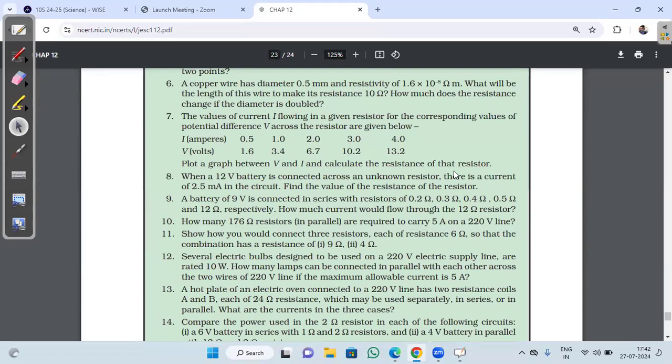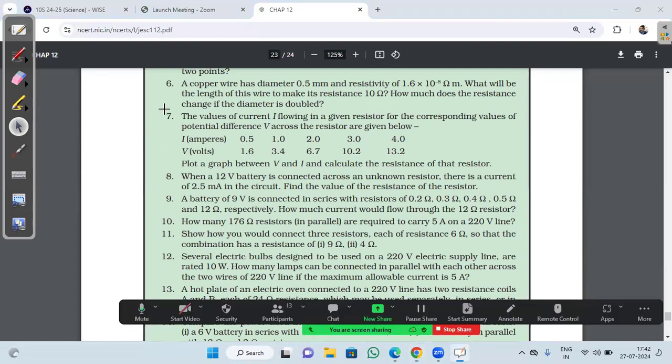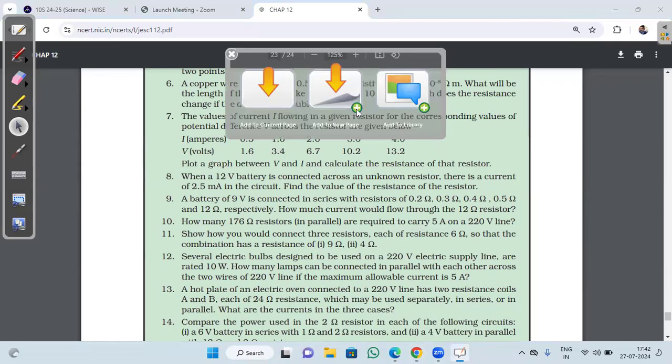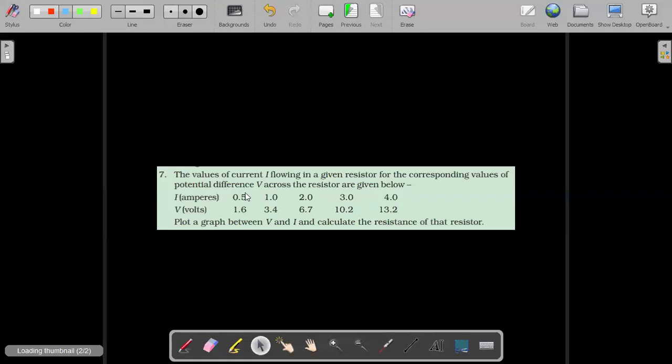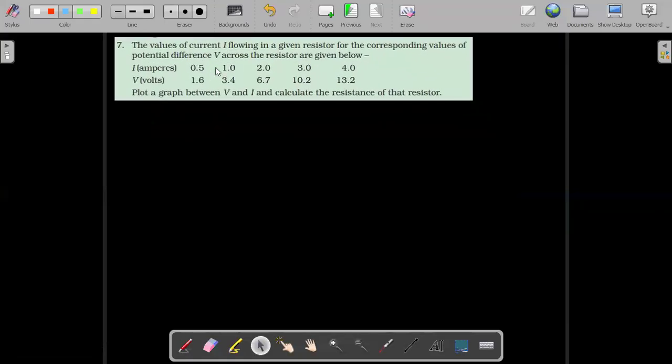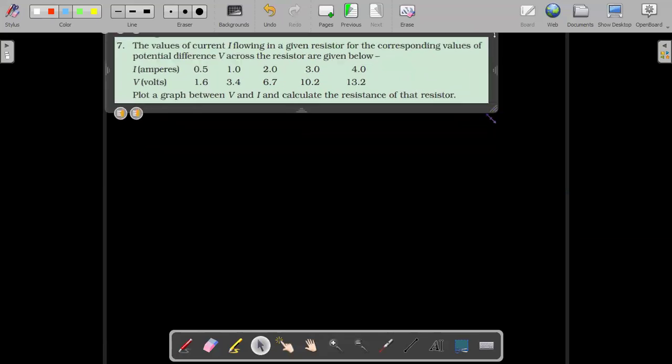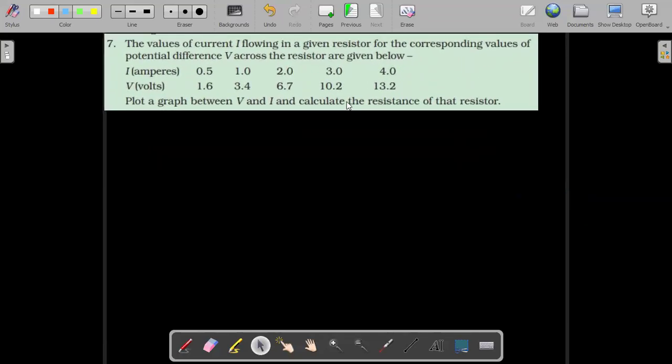Let's try to solve this question. The values of current I flowing in a given resistance for the corresponding values of potential difference V across the resistor are given below.